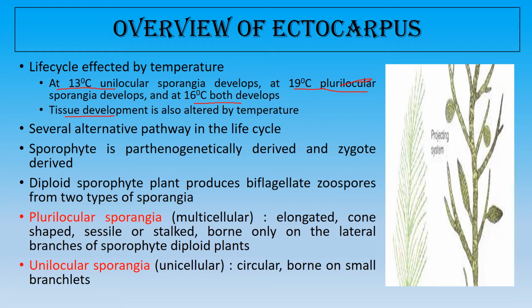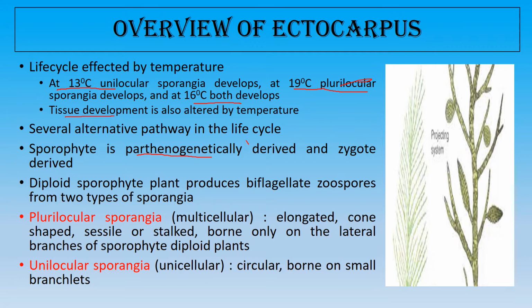One is that it is produced parthenogenetically: any gamete which is not able to meet its opposite gamete develops into a haploid plant, and later increases its ploidy number and converts to a diploid sporophyte.